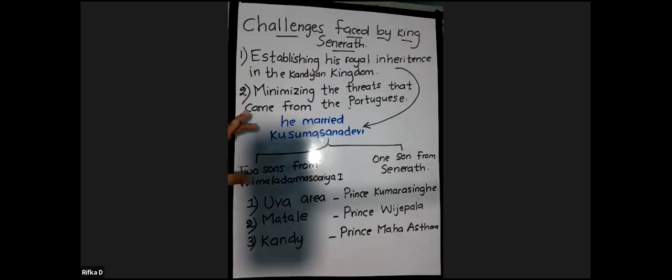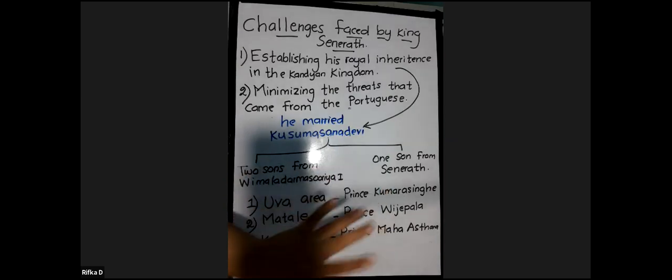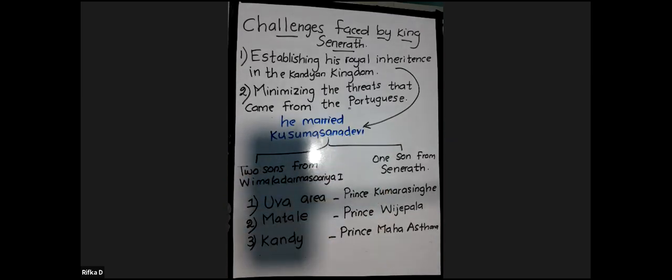So after King Senarath, there shouldn't be any problem of competition between the princes for the kingship. Because of that, what did he do? He divided the kingdom into three and gave the kingship to three of his sons.